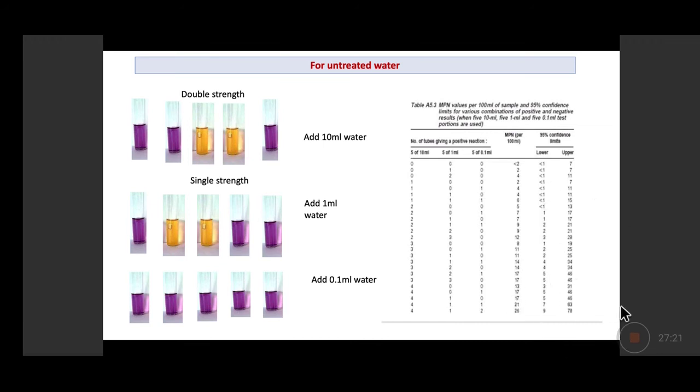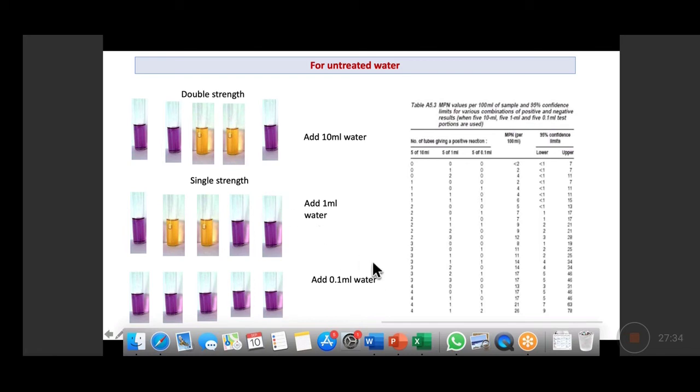So, just a sec. Okay, the answer is 9. Yes. Okay, the answer is 9. So this is how we take reading from the multiple tube method.